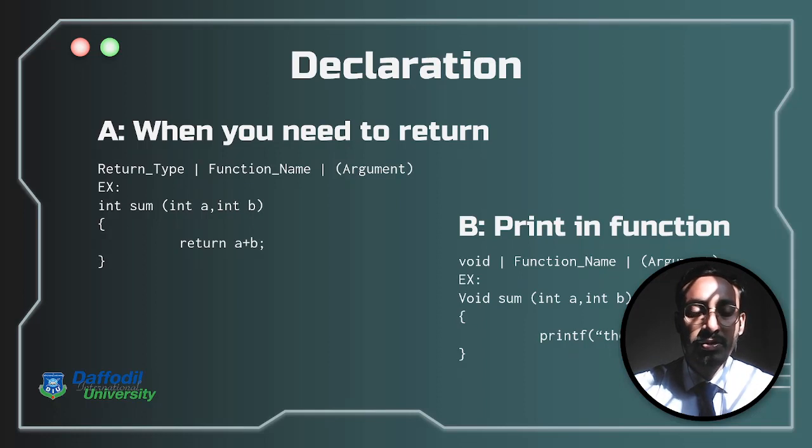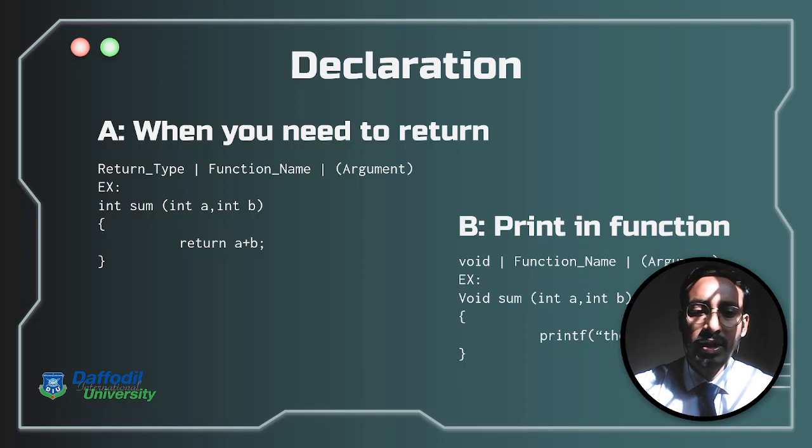As an example, you can see here int, it is a return type, it is a variable type, and sum, it is the name of the function, and arguments are integer a, integer b, which are defined as int a, int b.